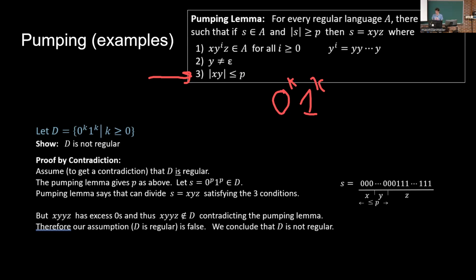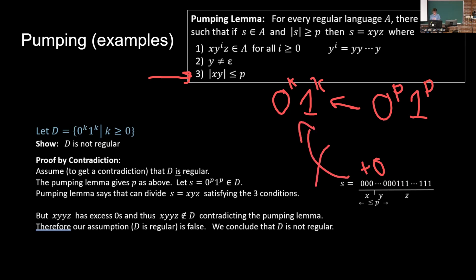And again, y has to be within the first p characters. So all we have to do is say, okay, it's 0 to the p and 1 to the p. This is a string within this language. And you can see that when we try to pump it, y will have to be within these first p zeros. And when we pump it, some extra zeros will be added, and the result is not going to be in the language because it's more zeros than ones.